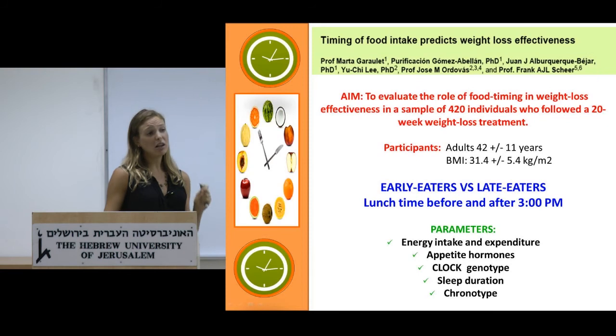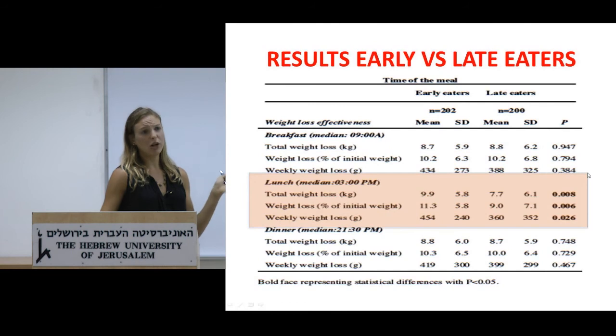And they measured also other parameters, such as clock genotype, appetite hormones, energy intake and expenditure, sleep duration, and chronotype. Same as the study before, the people included were overweight or obese. However, the study went for 20 weeks, not for only 12 weeks.